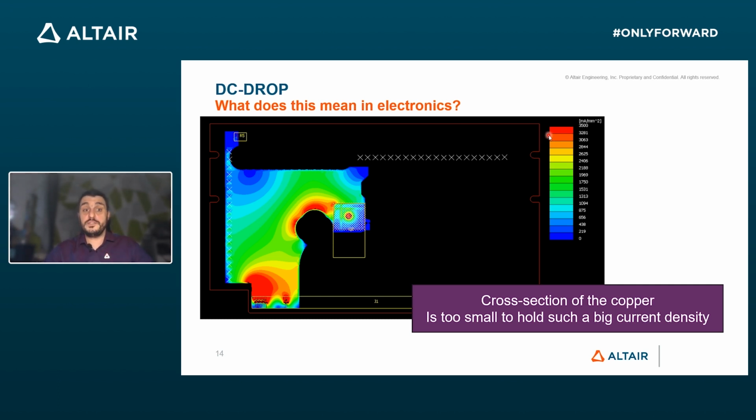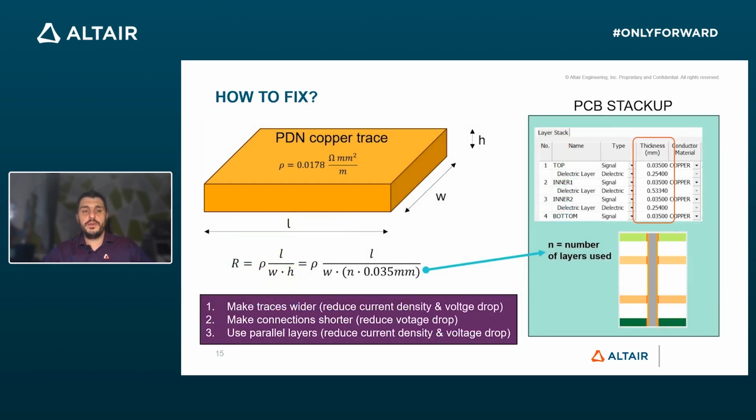If the current density is very high, much higher than the capabilities of the copper, you will heat up the copper and it will one day just melt or be destroyed. And now what can we do to fix these issues, how can we change the resistance of interconnection on the PCB? In most cases, you can play with the width of the PCB trace or PCB plane, so we can increase the width of the copper.